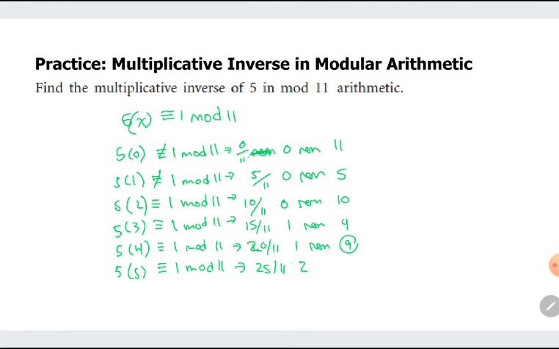So this will be quotient of 2, remainder of 3. 5 times 6 is 30. 30 divided by 11, since 11 times 3 is 33, this is 2, remainder of 8.